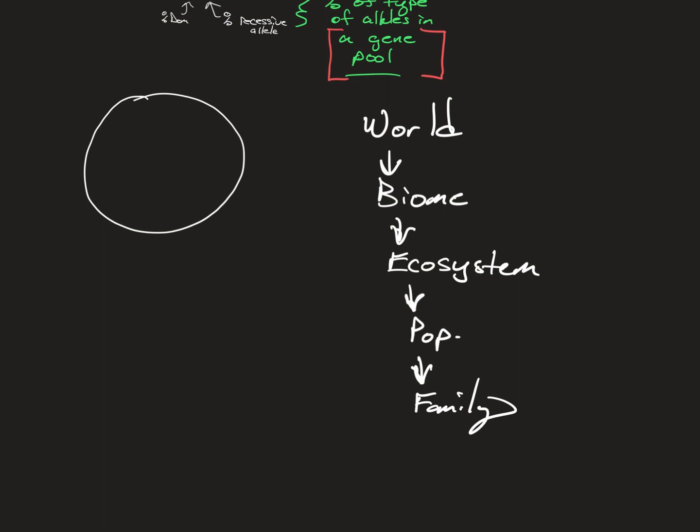We could ask, what's the percent frequency of the sickle cell gene in the world? Or what is the percent of the sickle cell gene in this classroom? Or we could look at anything in between.